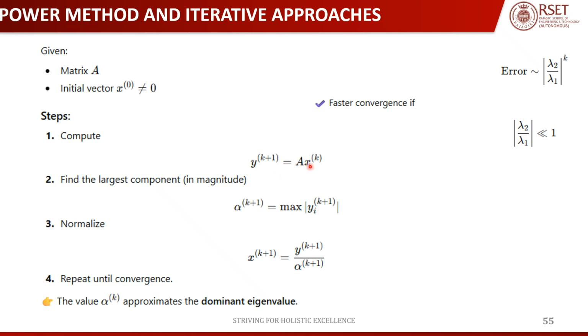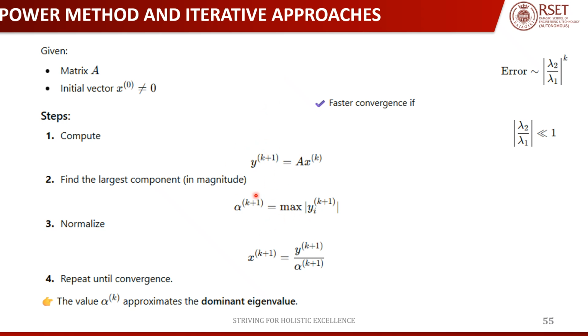We'll just do A x k. Since we have x0, we can find y1. y1 will be equal to A x0, y2 will be equal to A x1, and we follow a similar pattern. It will be clear when we do the problem.